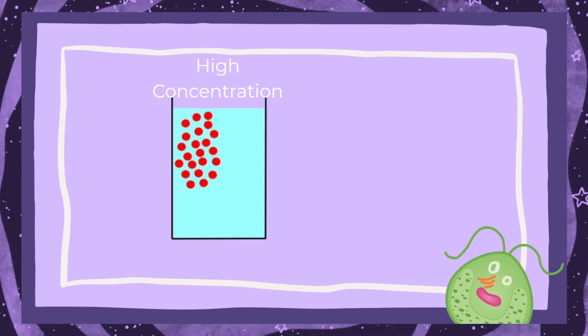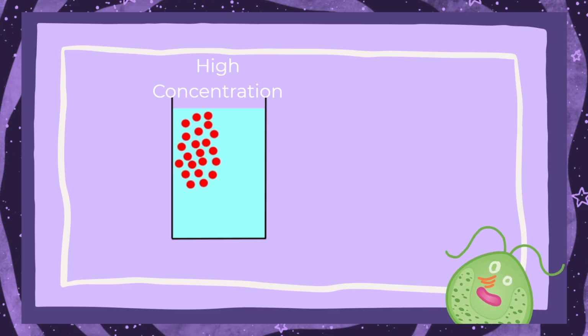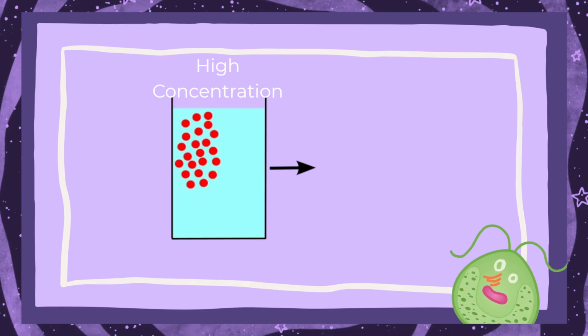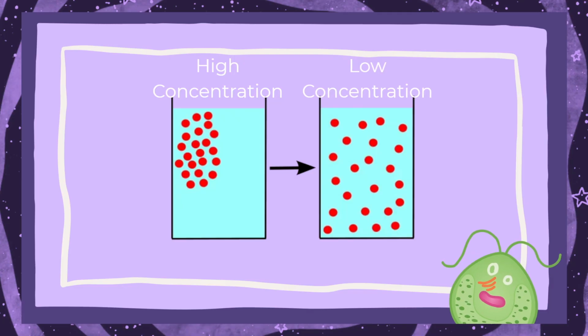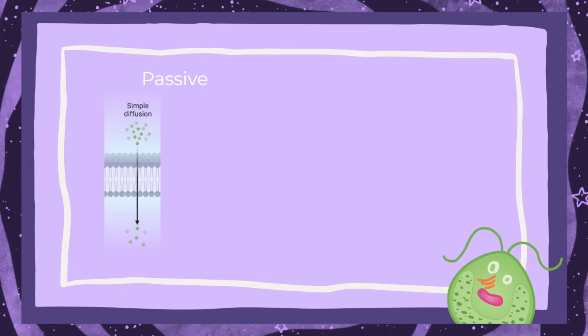Movement across the membrane occurs in two major ways: passive and active transport. Passive transport is the movement of molecules without the use of cellular energy. In this process, molecules move naturally from an area of high concentration to an area of low concentration. This movement down a concentration gradient happens because molecules are constantly in motion and tend to spread out evenly over time.